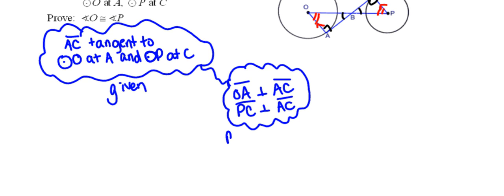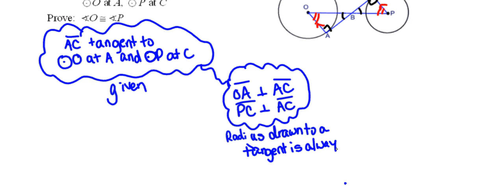And that's because a radius drawn to a tangent is always perpendicular to that tangent.